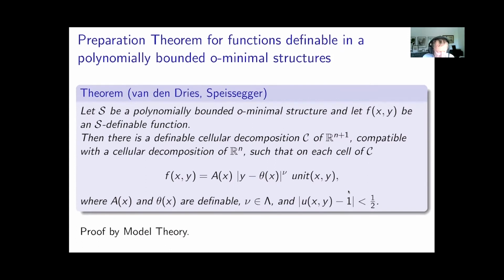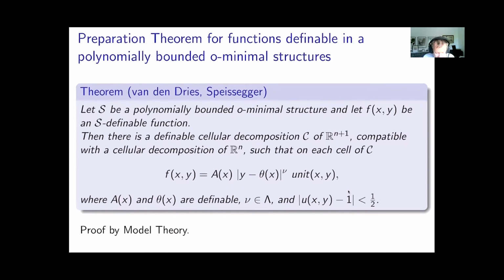So I'm unable to tell you the idea of the proof, modulo that you have to, in a way, prove it for some curves or valuations, which is possible, and then use a model theoretic compactness.